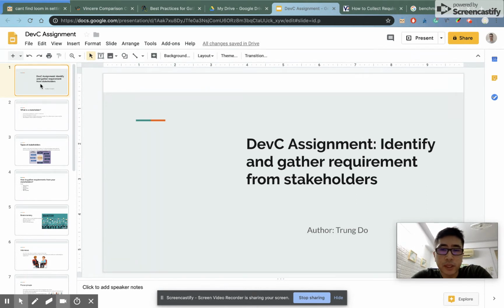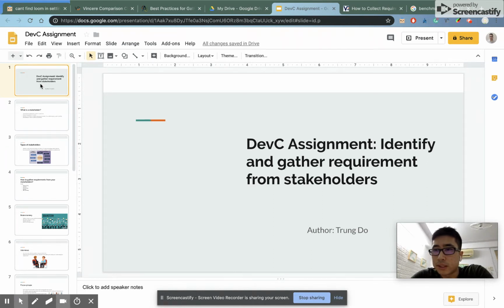My name is Chung, and today I'm going to present to you about the DevC assignment powered by Kodo School: how to identify and gather requirements from stakeholders.